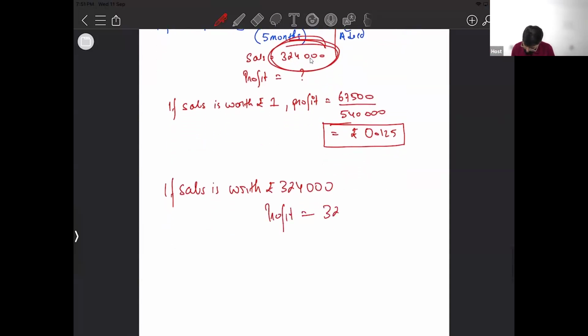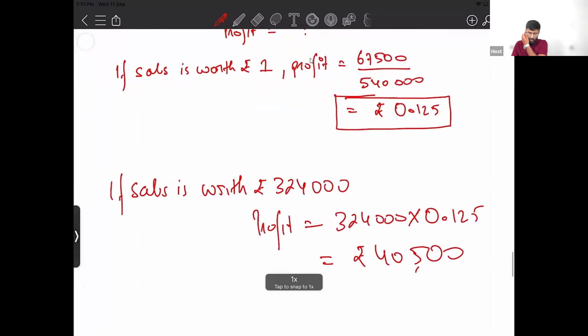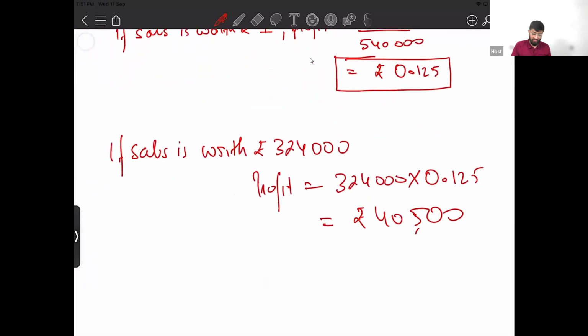Profit will be 3,24,000 into 0.125. So it will be rupees 40,000. Again, the current period is 5 months.